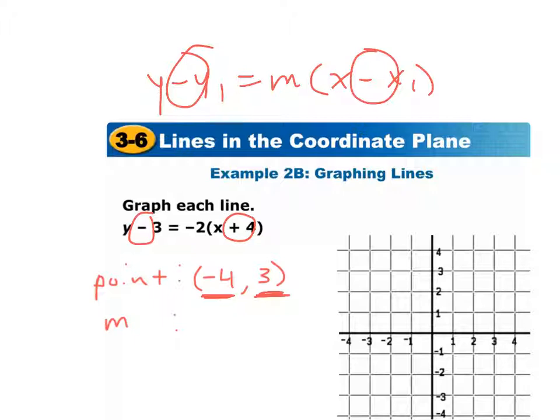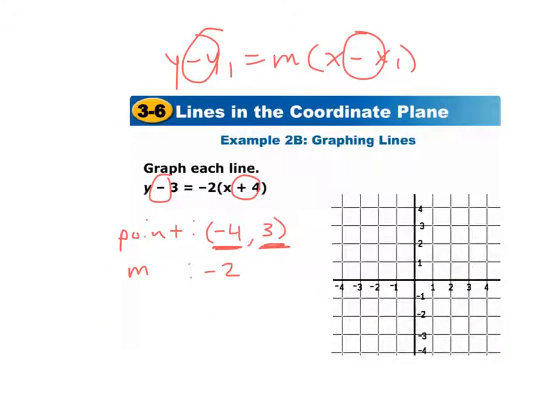What's our slope? -2. So let's graph our point. We have (-4, 3). And then our slope would be -2 over 1, because that's the same thing as -2. So we have a rise and a run.